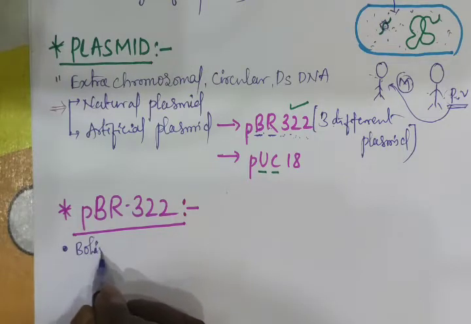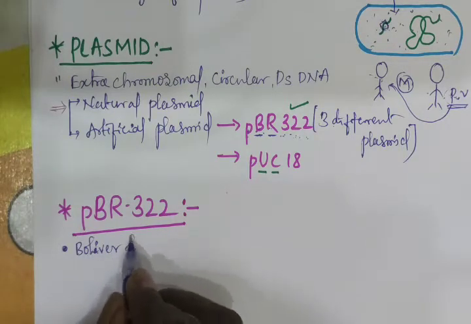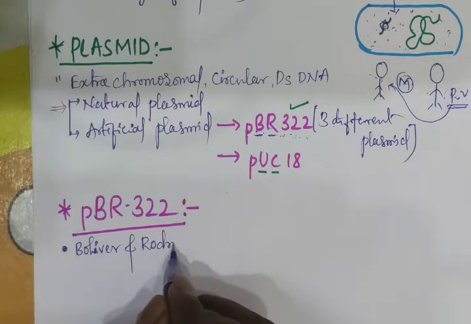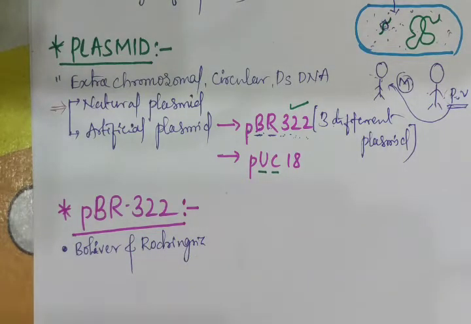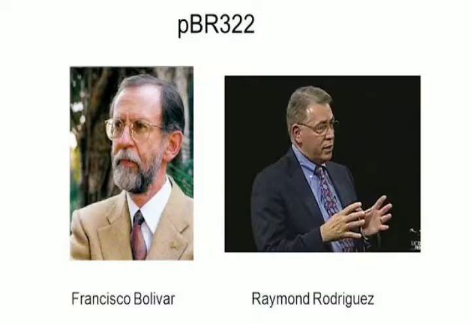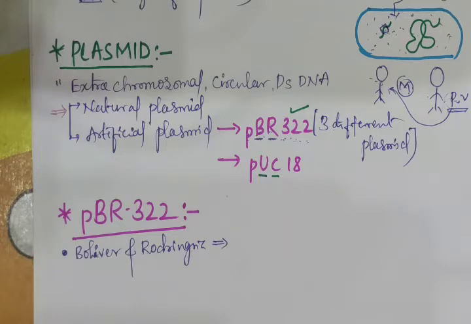One scientist is Bolivar and another scientist is Rodriguez. Both together prepared this plasmid and gave it the number 322, the order of isolation. And as I told you, it is prepared from mixing of 3 different plasmids.